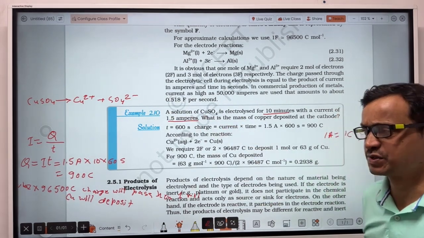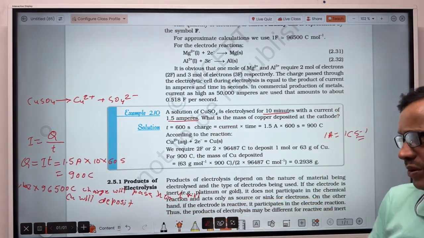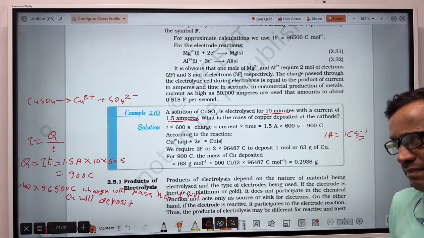Because the charge on copper is 2, that's why 2 into 96,500 coulomb.